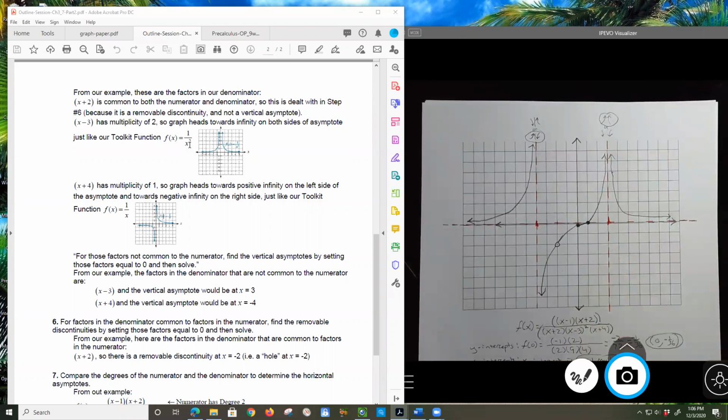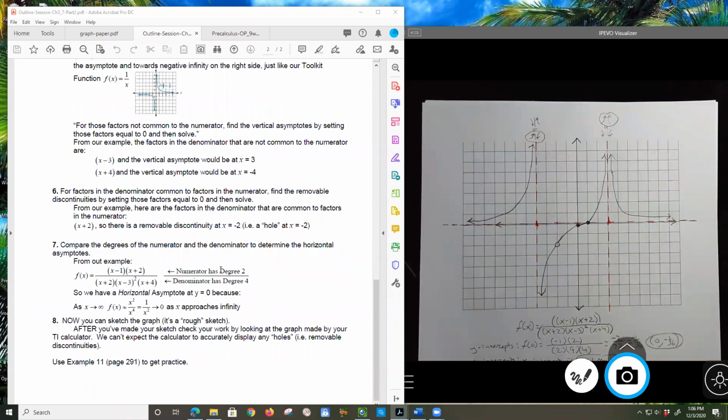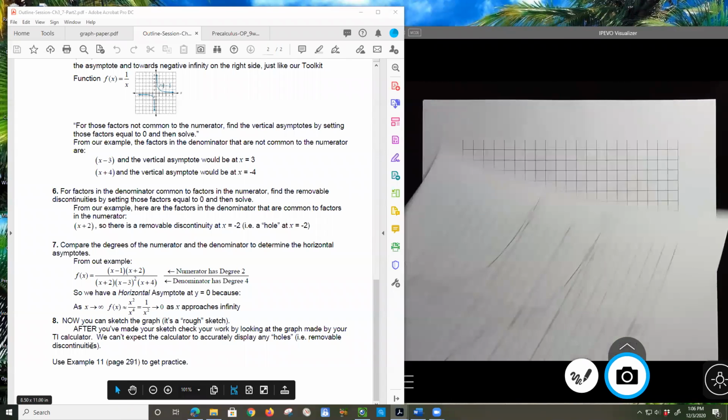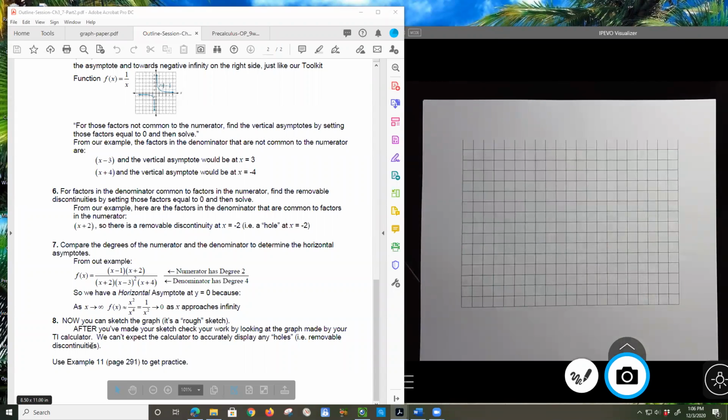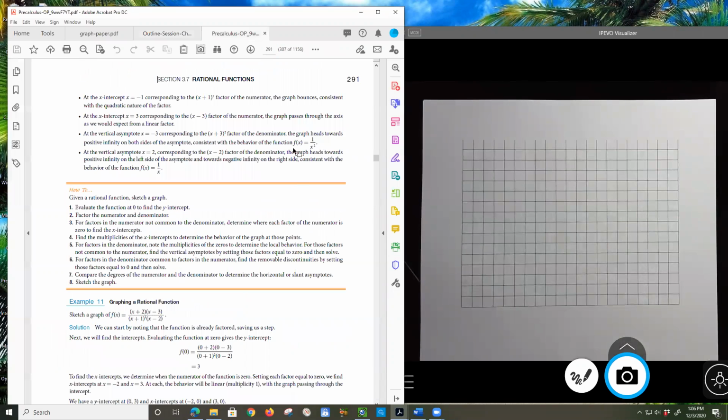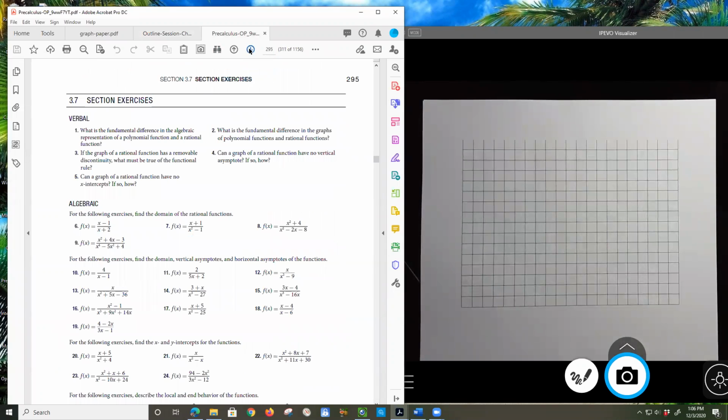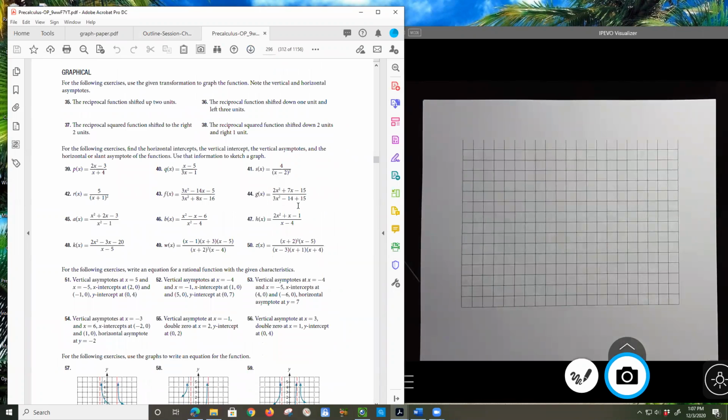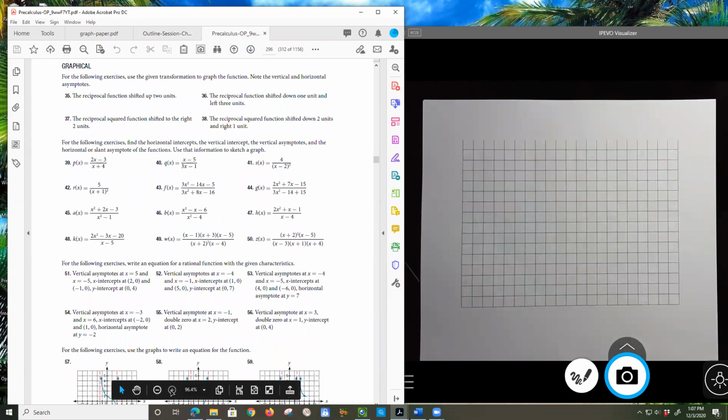All right. So what I encourage you to do is you can do the same thing with example 11 on page 291. I'm going to do a couple from the textbook, not the ones in your homework, of course. I'll go over here. Let me make this a little bigger.